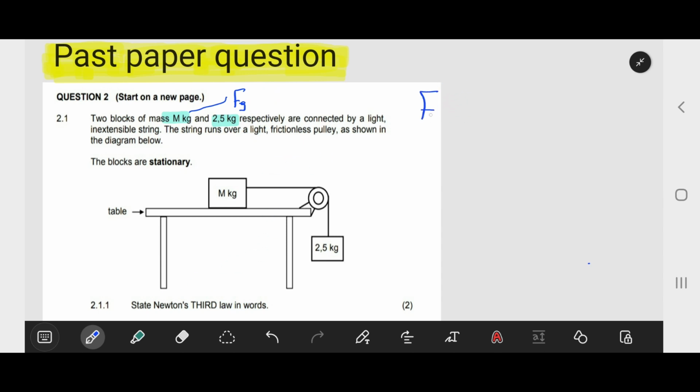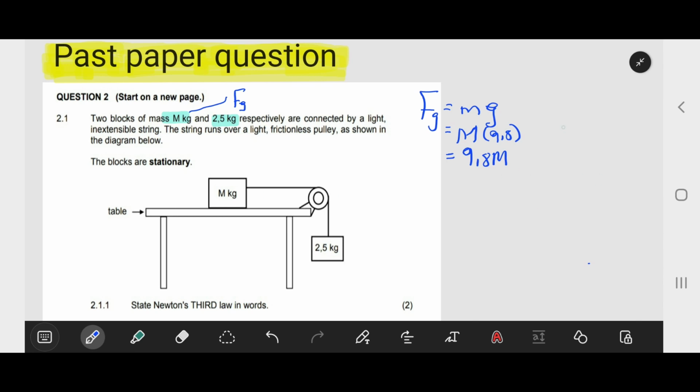If we were to calculate the gravitational force for mass m, that would be Fg equals mg, and our mass is capital M, and g is 9.8. So that would be 9.8 m.